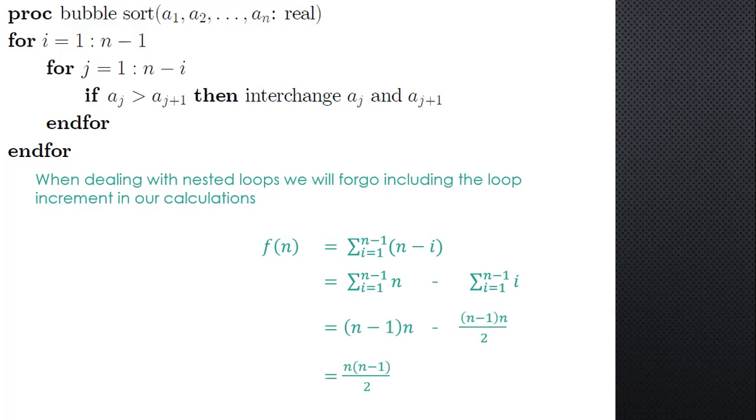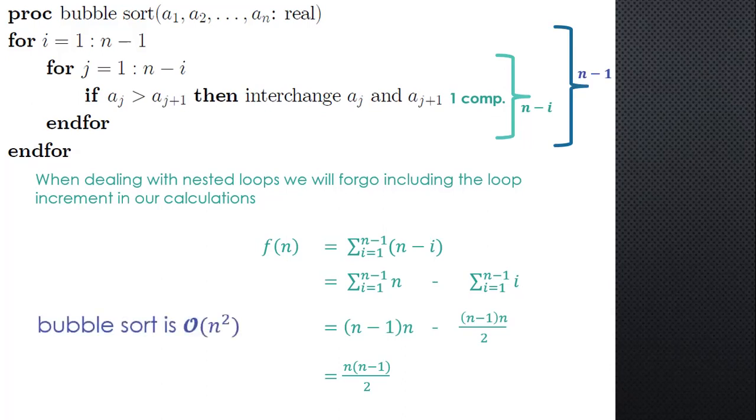So we're left with n times n minus 1 over 2. So bubble sort is on the order n squared.